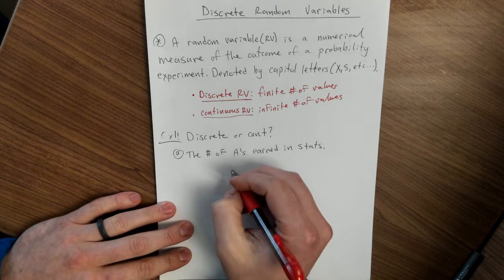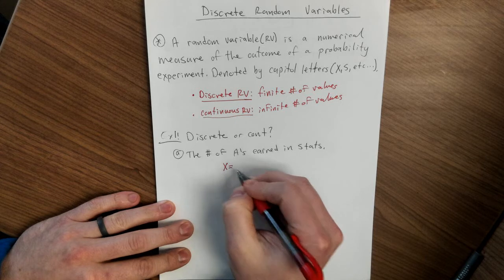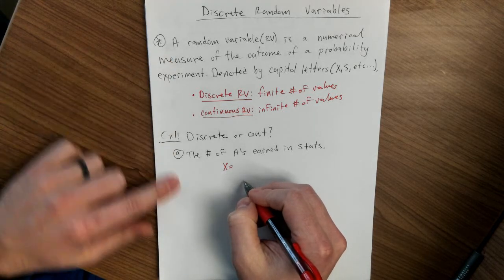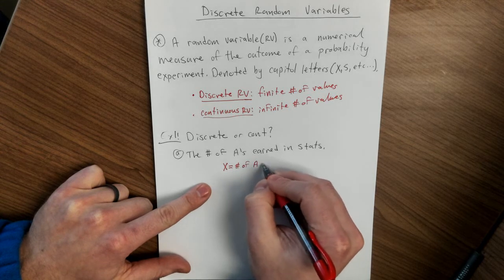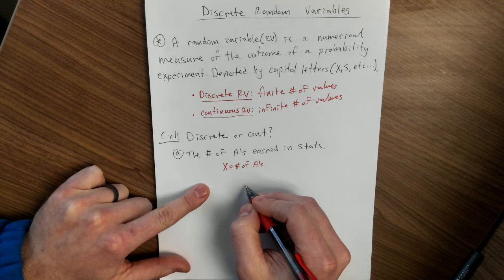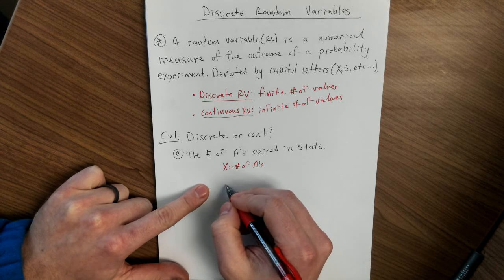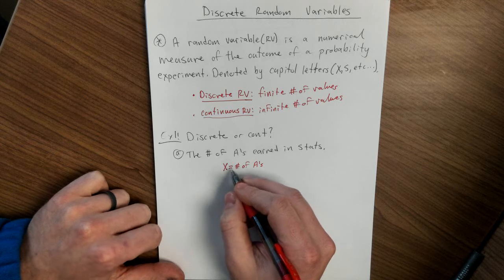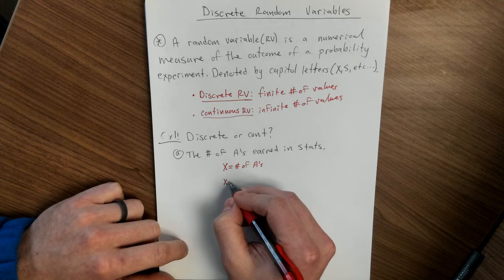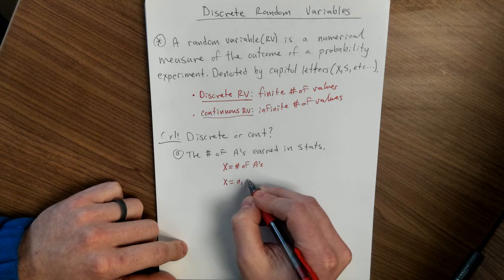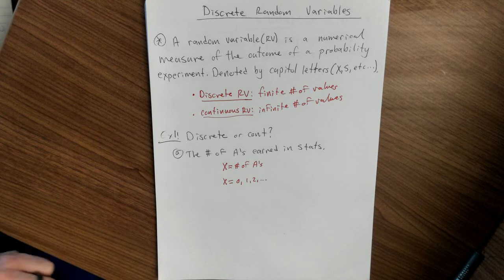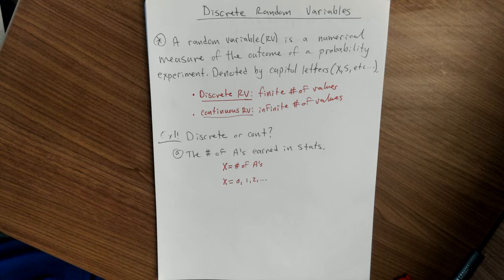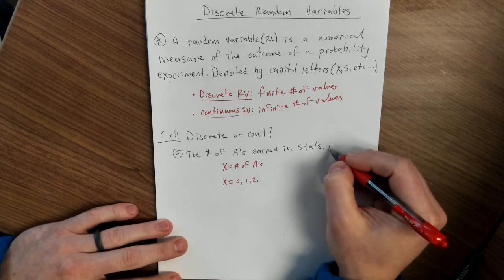So here we would just say, we'll call this capital X, because we're dealing with a random variable now. So I'm calling it capital X, and that's equal to the number of A's. And then we want to tell the reader what are the possible values of this X. So X can equal 0, 1, 2, and so on, all the way up until however many A's there are in the class, which is a finite set amount. Alright, so this is, I should have written first, discrete.